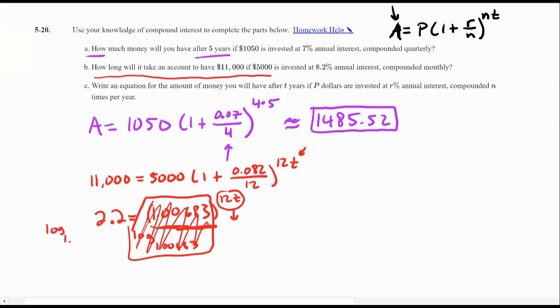So I'm going to take log base 1.00683 of both sides. So now I have the log base 1.00683 of 2.2 equals 12t. Now, to evaluate this part here, there's a couple things we can do. Some calculators allow you to plug in a base.